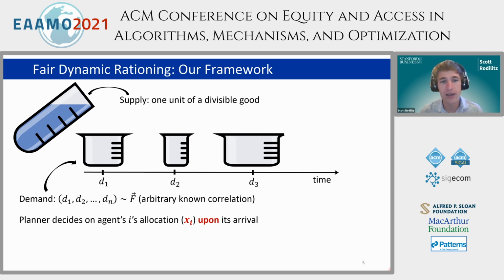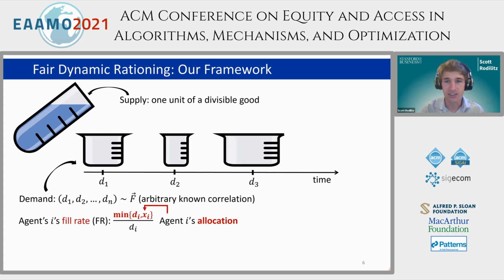Now, when an agent arrives, we need to immediately and irrevocably decide upon the allocation to give that agent. And each agent is going to care about their fill rate being the fraction of their demand which is met. Now, this fill rate is going to be some number between 0 and 1. Agents don't need more than what they ask for.